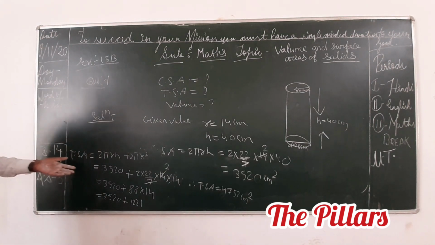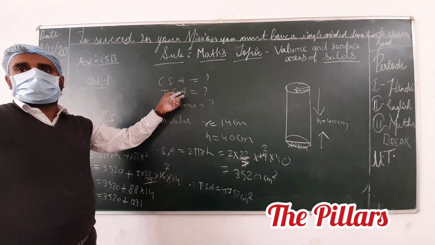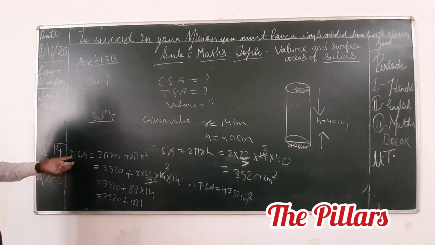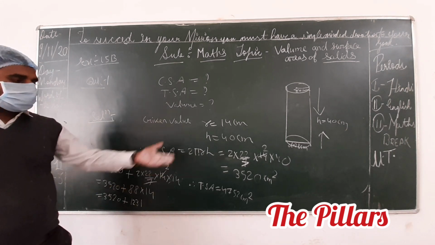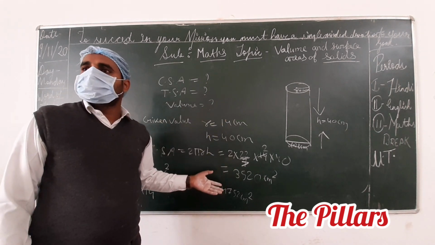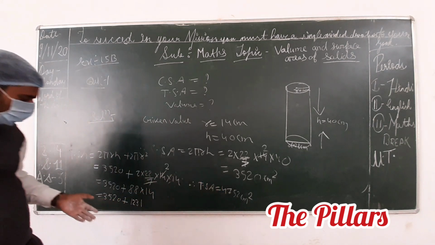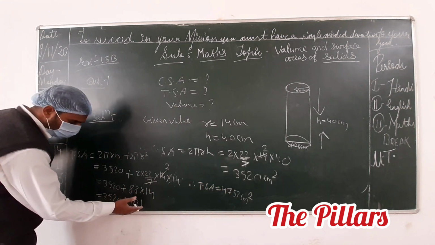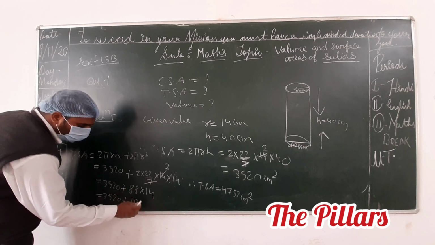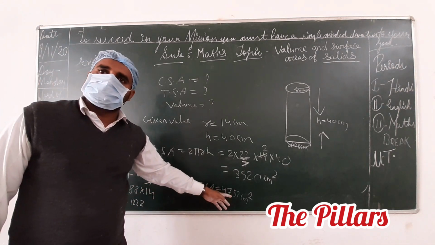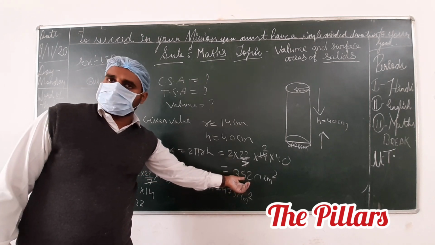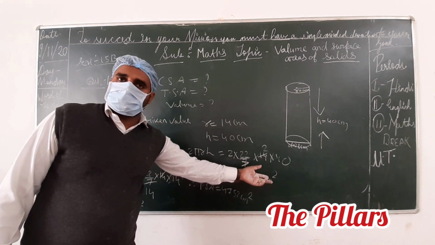You see that we calculated the curved surface area. After that we calculate the total surface area, which is 2 pi r h plus 2 pi r square. The curved surface area is 3520 centimeter square.